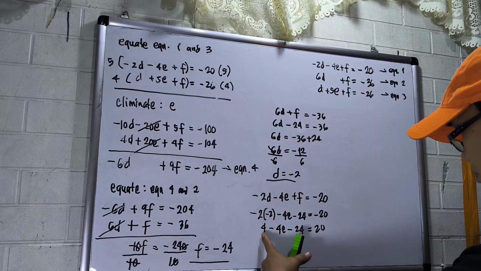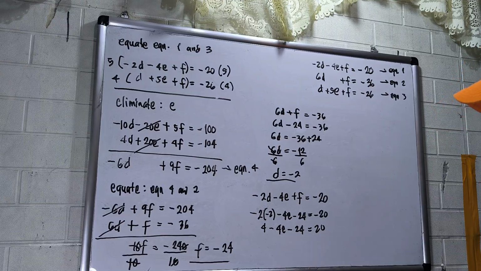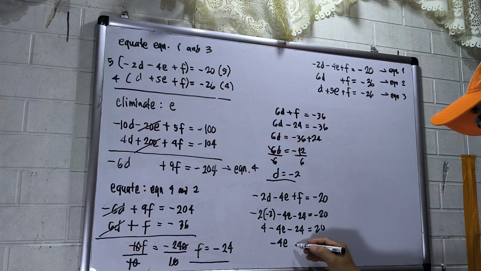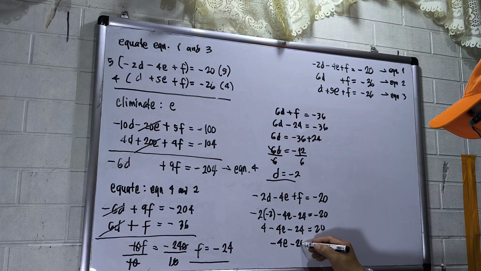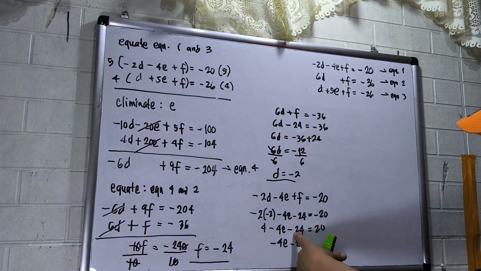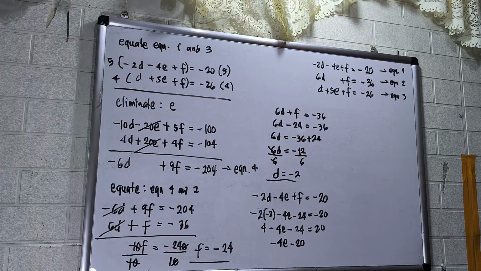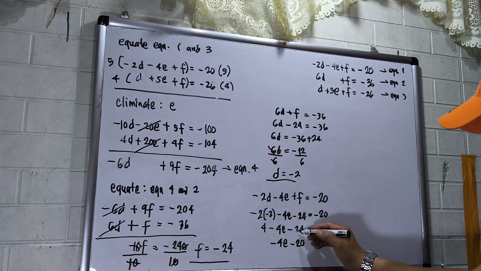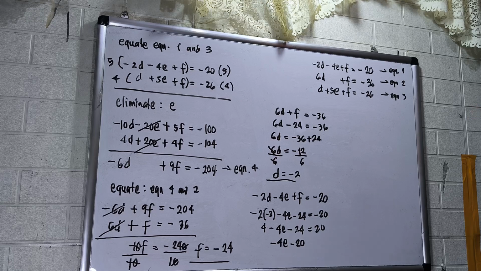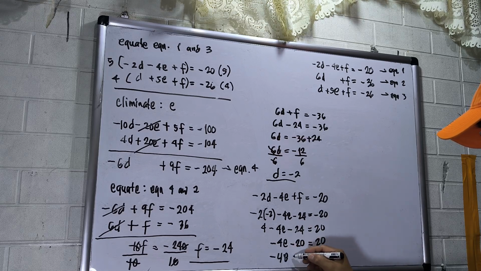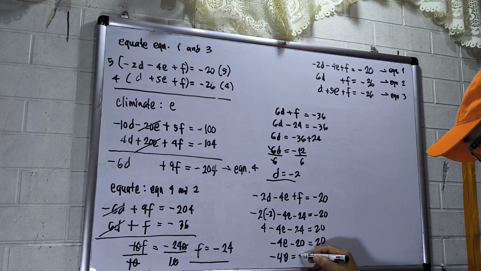Combine this one. Negative 24 plus 4, let's start from negative 4e, and then this will be negative 20, because this is unlike sign. So subtract 24 minus 4, that is 20. Since 24 is bigger than 4, the sign must be negative. Is equal to negative 20. Negative 4e. Transpose.